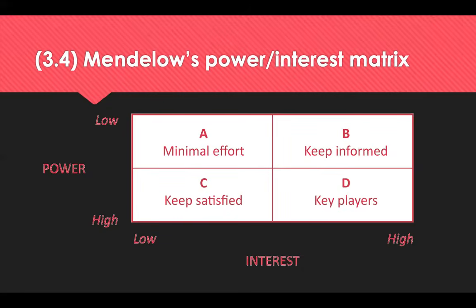Category A are the ones with neither power nor interest. B are those that have high interest but don't really have any influence. C are the ones with high influence, low interest. And category D have the greatest amounts of interest and influence.